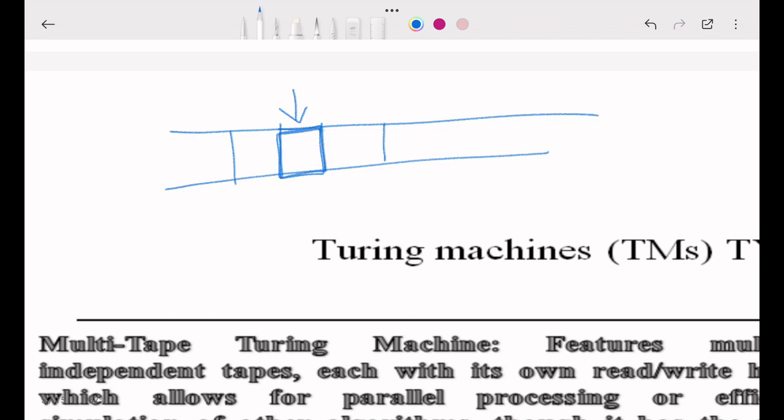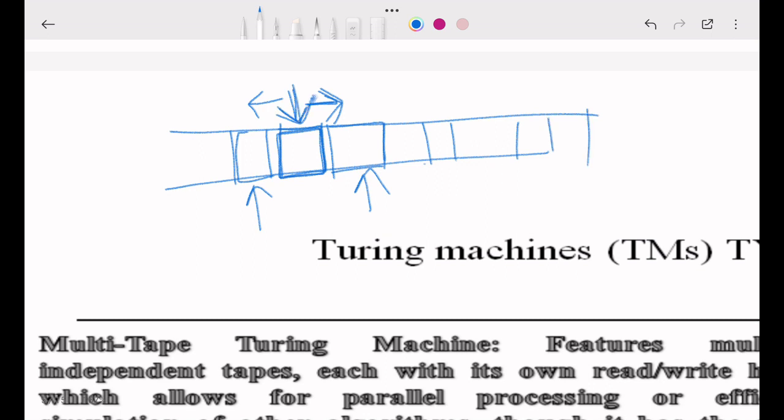The head can move either left or right, only one step, from one state to another at a time. So if it is pointing here and moves right, it will point here; if it moves left, it will point here. It moves step by step. That is the text processing; you are reading all the text one by one.